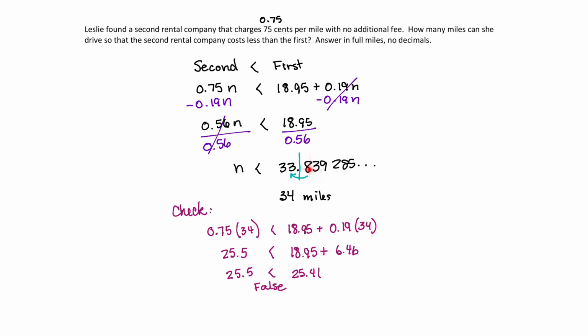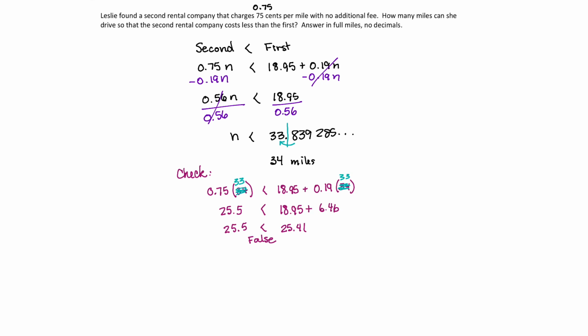But when I rounded this up, it made it so our mileage went over. Okay, so instead of rounding it up, just take the whole number. Okay, if I were to put a 33 down here instead of 34, let me slide it up just a little bit and we'll work that one out.